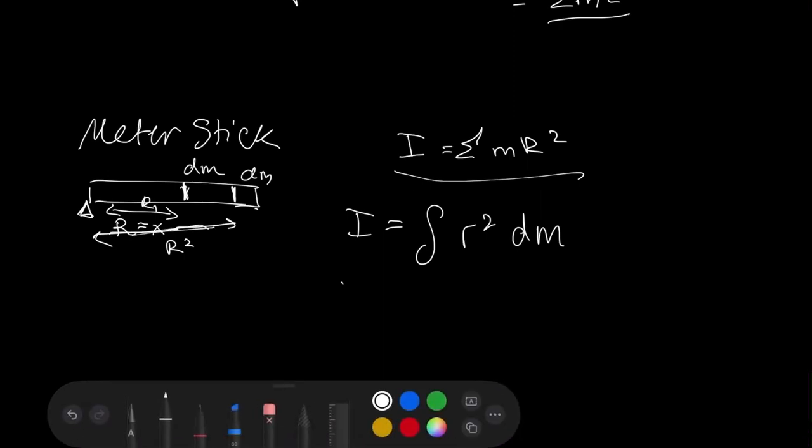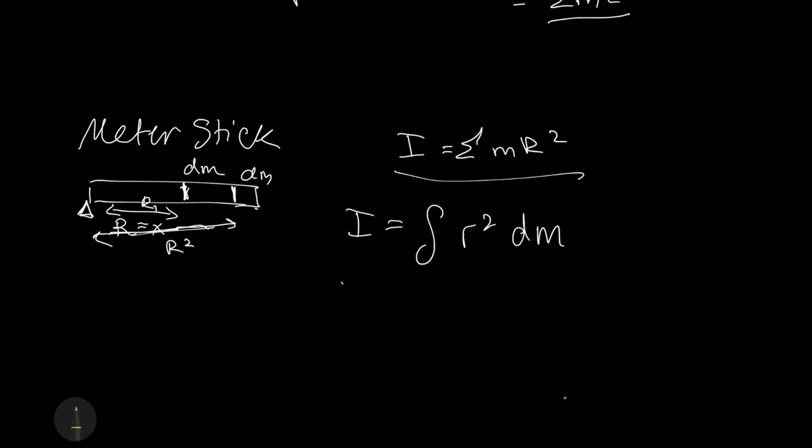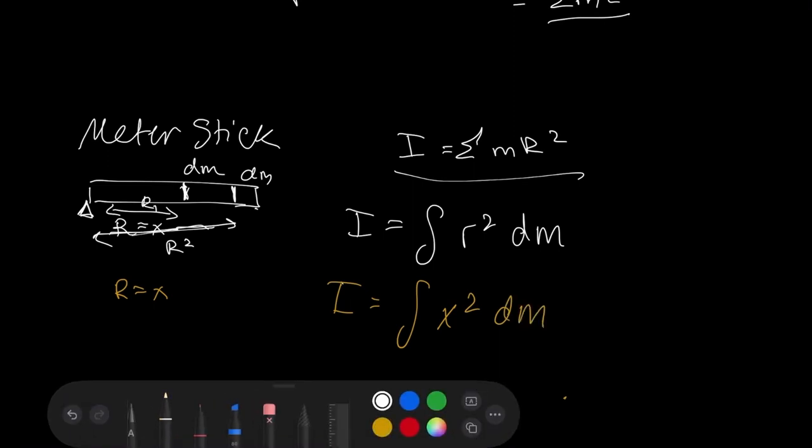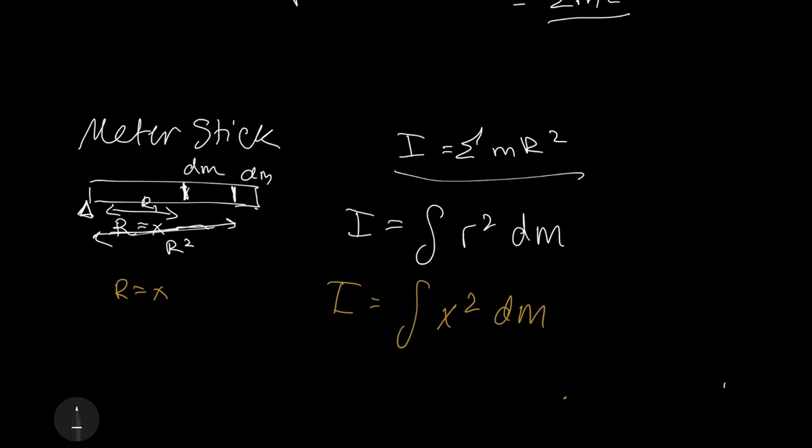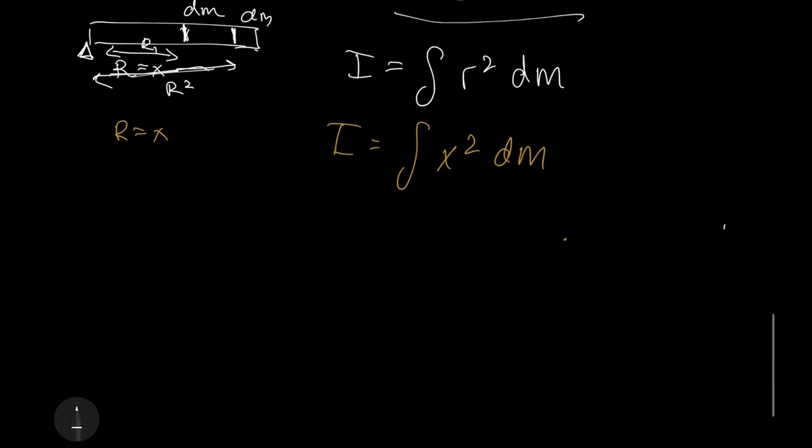Another thing about this problem will be that we will be calling r x. So here we'll call this I equals the integral of x squared dm. And there'll be a reason for this later on that you will probably find out in like 1 minute.